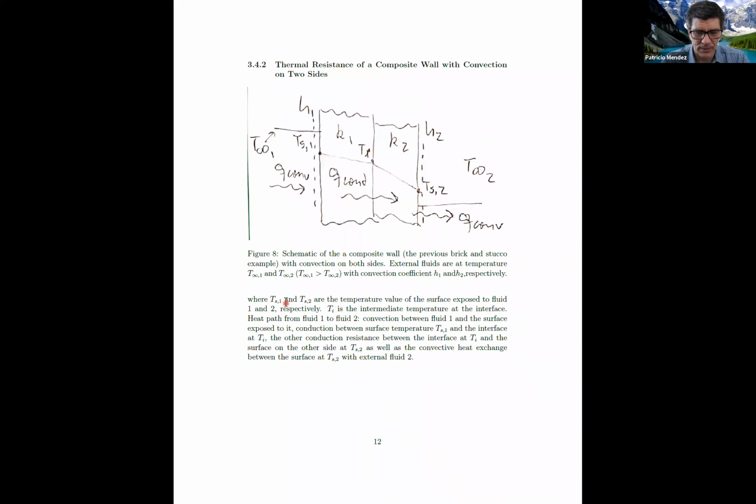So let's go back to our brick and stucco wall, and let's calculate it properly. Let's say that in reality, 20 degrees was the temperature of the air inside our wall, and minus 10 degrees was the temperature of the air outside the wall.